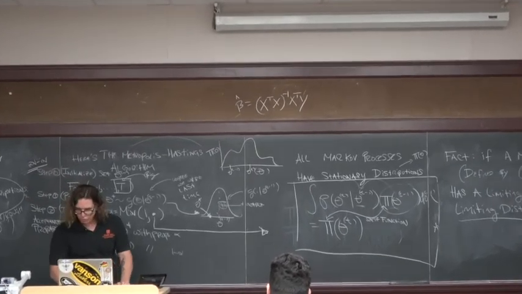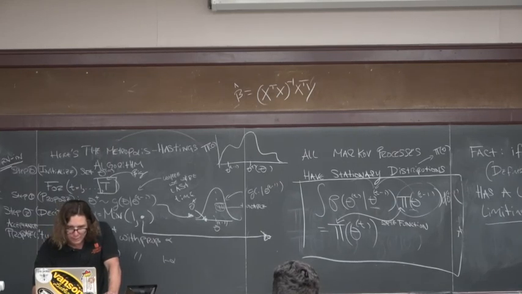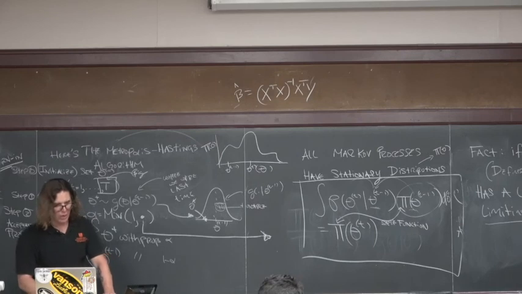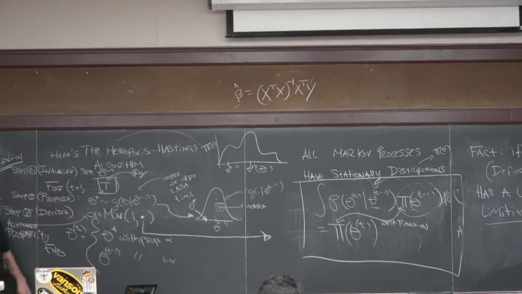So let me just show you, right before we leave, my variant of the code. I'm going to show you what I would actually code up if I were you.